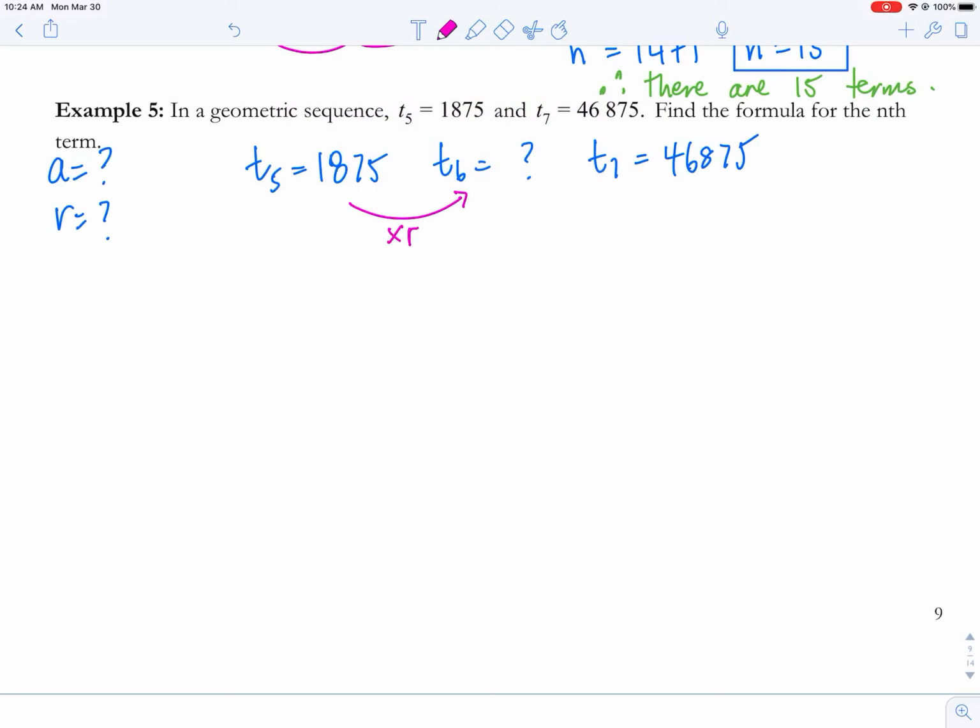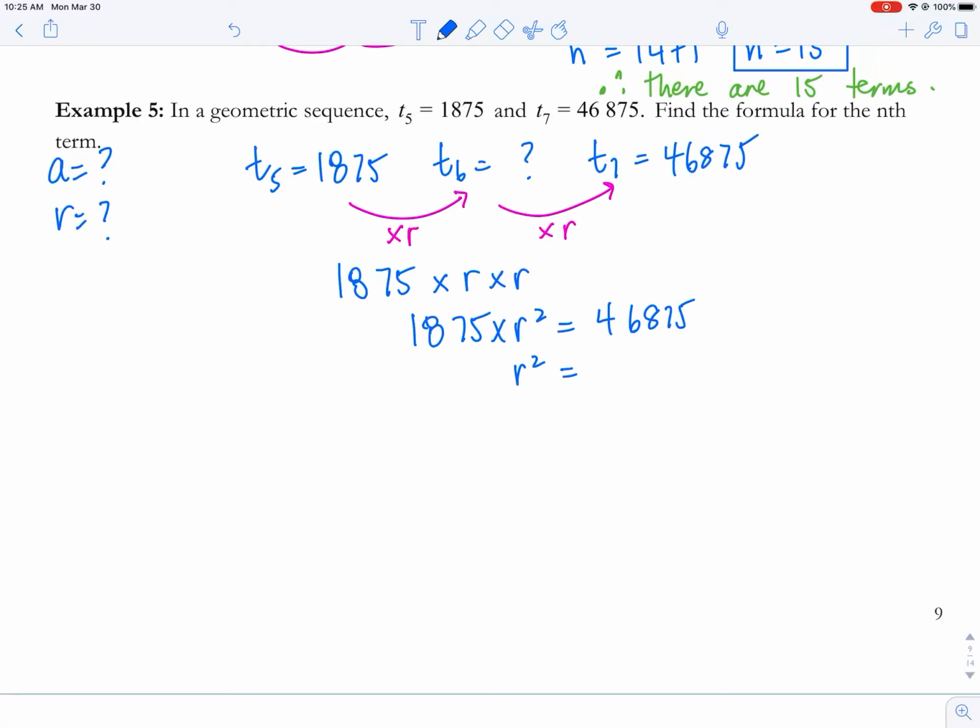And if we think about this, each time to get from one term to the next term, we'd be multiplying by R. So we could write that if I had 1875 and I multiplied it by R and multiplied it by R again, or 1875 times R squared, that's going to give me my 7th term, 46875.